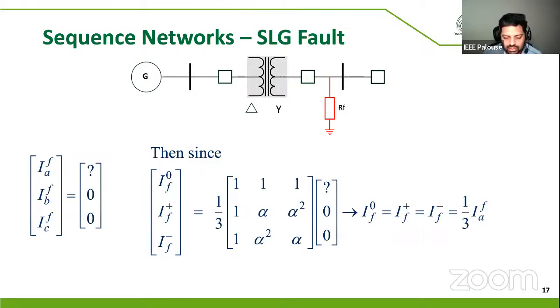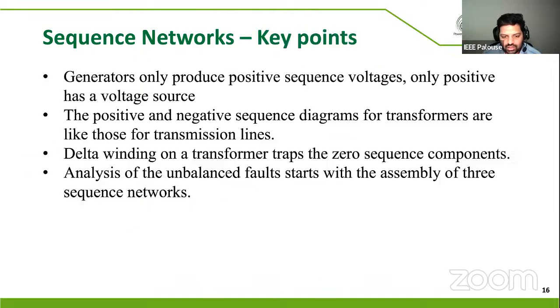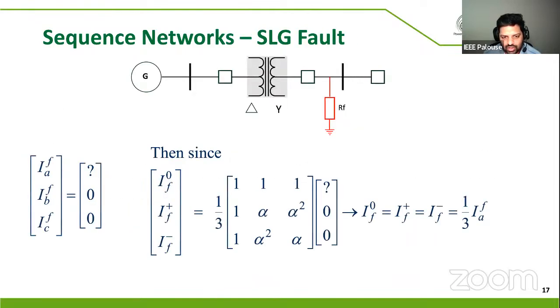So let's look at how we obtain these. In the case of a single line to ground fault, I mentioned that you have all three positive, negative, and zero sequence components. Let's look at this particular slide to understand how that statement is true. Take the example shown here with a fault at the location shown in this slide.